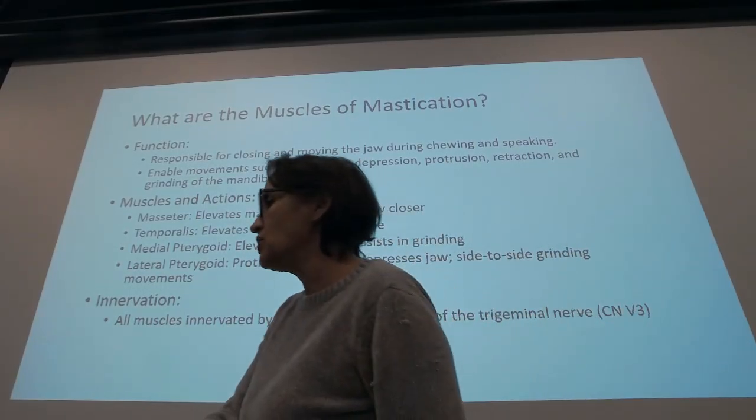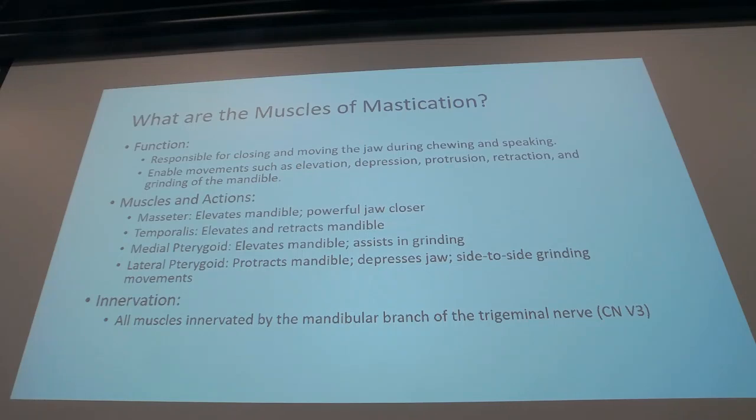Now for muscles of mastication, they will be innervated by cranial nerve number 5, which is the trigeminal.